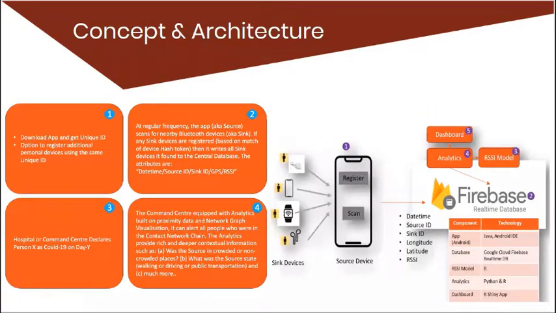Our end-to-end solution has a mobile app for registration and proximity scan, a database for storing the data, an RSSI model for Bluetooth unreliability, and analytics and a dashboard for visualizations.